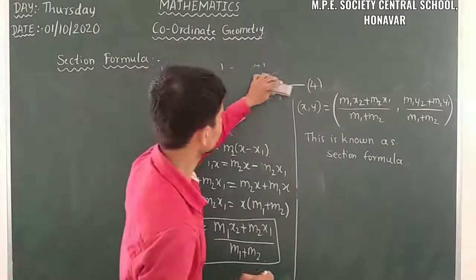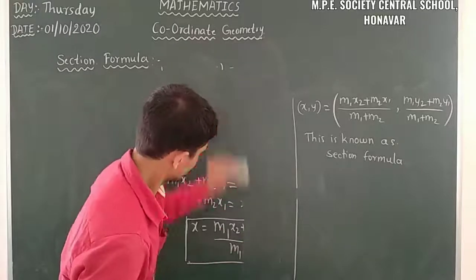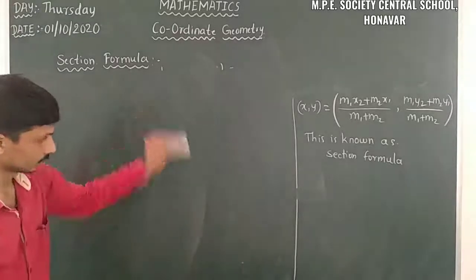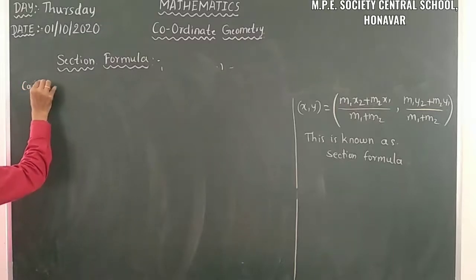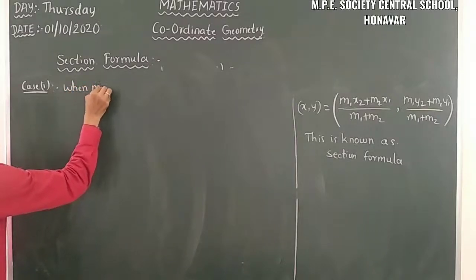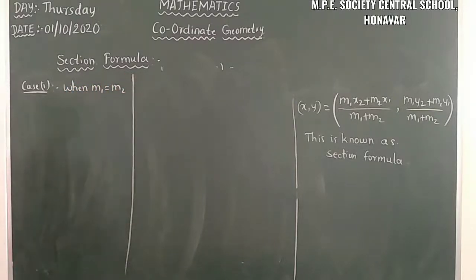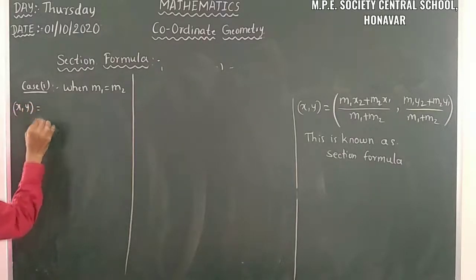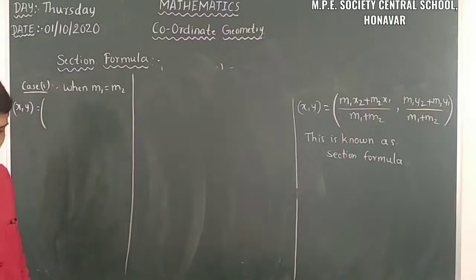So here I will take case 1. That is when m1 is equal to m2. When m1 is equal to m2, what happens? We have to write x comma y. Here we just have to take m1 is equal to m2.